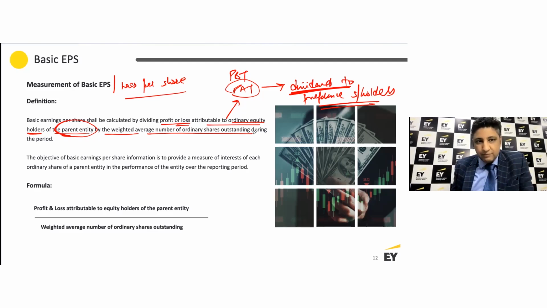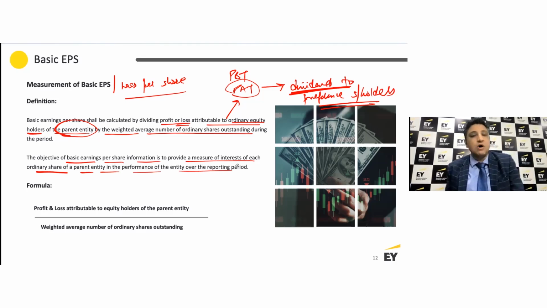You always want to remember that fundamental attribute of the standard. Profit is a function of money, and we'll just see why that is important in this discussion. The objective of the information around the basic EPS is to provide a measure of interest of each ordinary share in the performance of the entity. How much are you making on a per share basis?